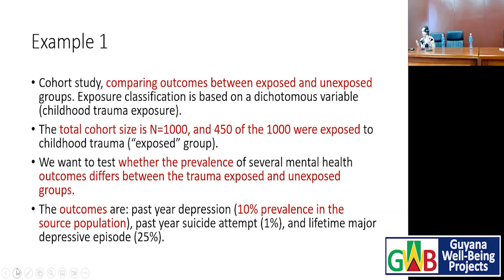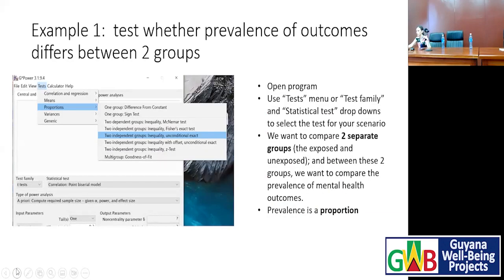The hypothetical example is that this would be information I have from, maybe, a local health department or national data on the prevalence of some of the disorders, and we have some information about a study, maybe an existing cohort or population that we know about that we can include. So here, we're going to test whether the prevalence of the outcomes differs between the two groups.